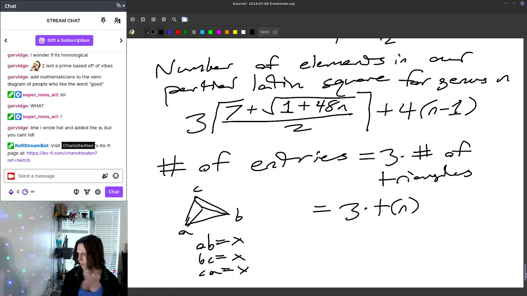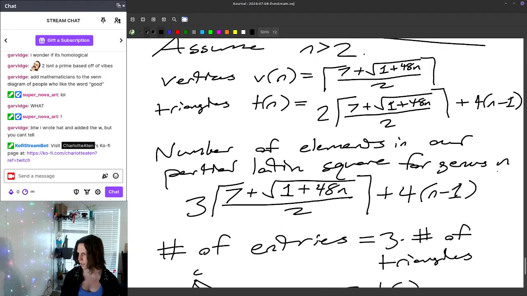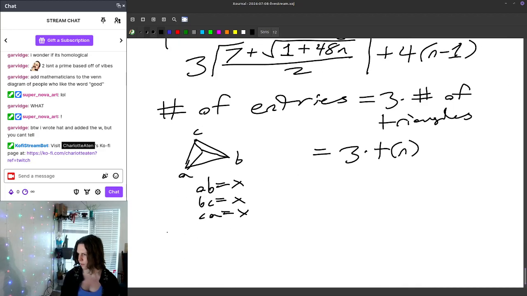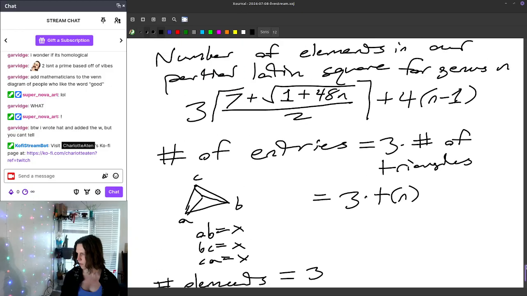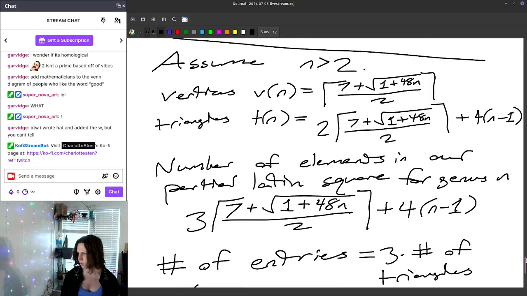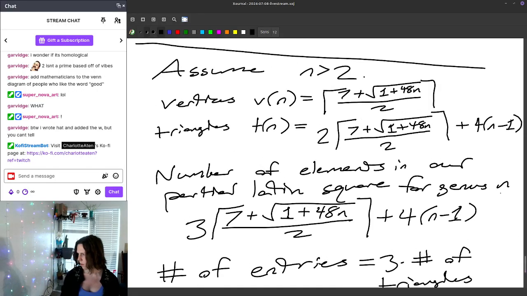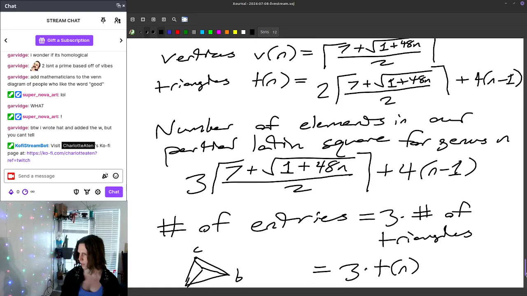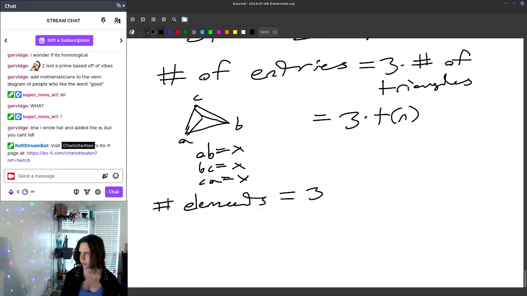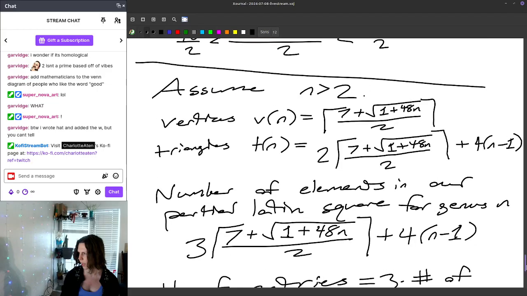But the number of actual elements that I have, the number of rows and columns, that's equal to, how do I want to say this? It's equal to v of n plus t of n, but I kind of want it to be just in terms of t of n.